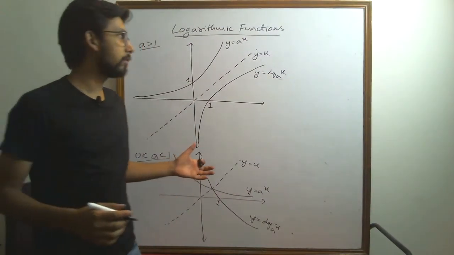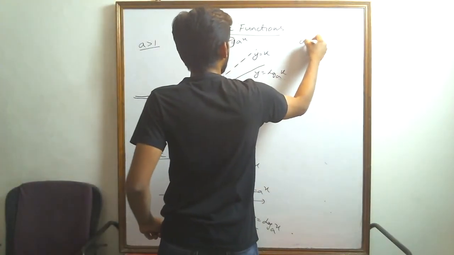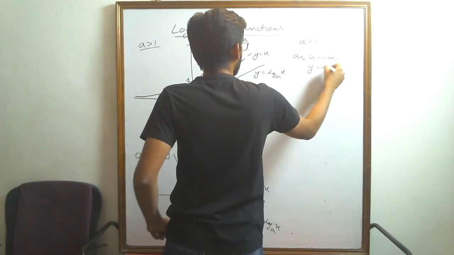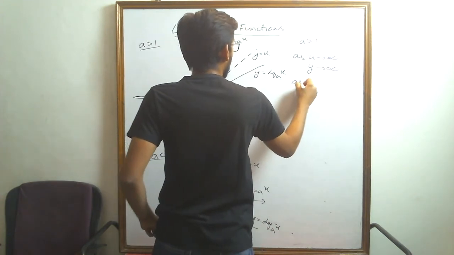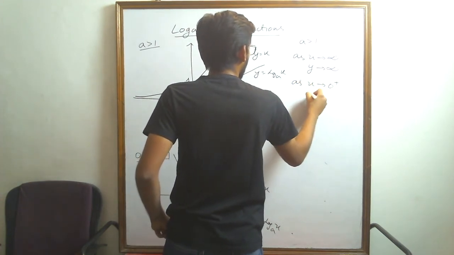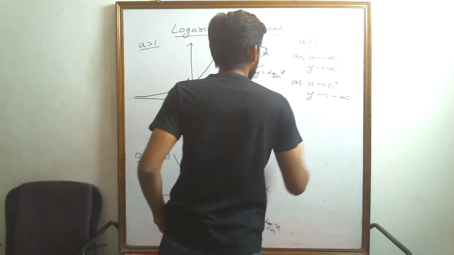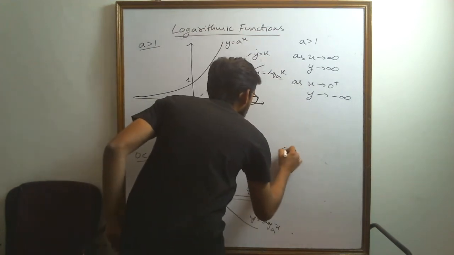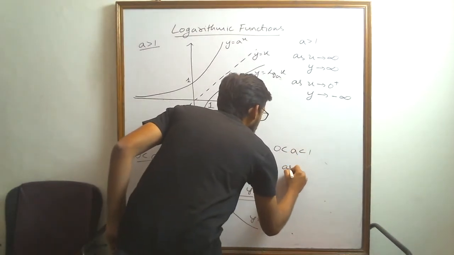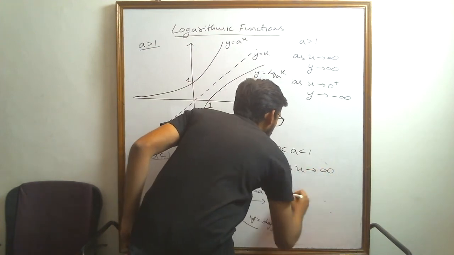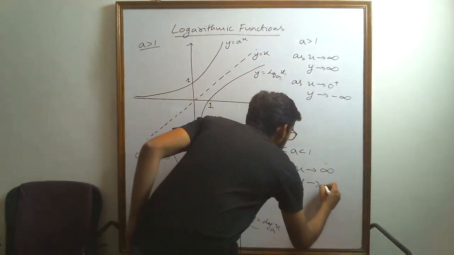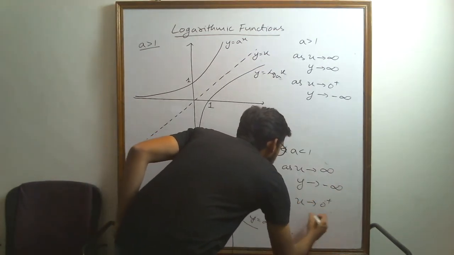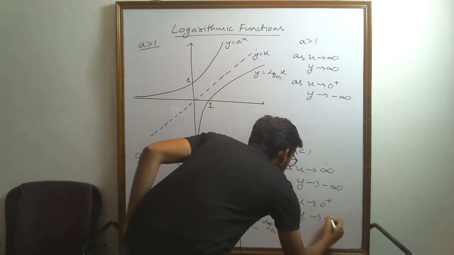If we look at the behavior of the graph, then when a is greater than 1, as x tends towards infinity, y tends to infinity. As x tends to 0 plus, y tends to minus infinity. In this case, when a is greater than 0 and less than 1, as x tends to infinity, y tends to minus infinity, and as x tends to 0 plus, y tends to infinity.